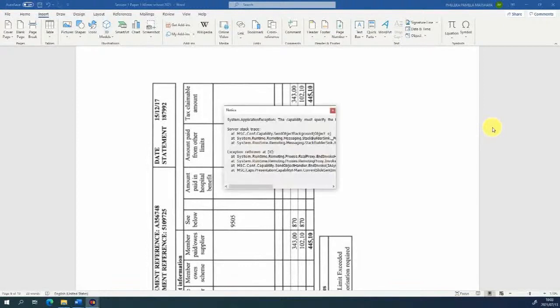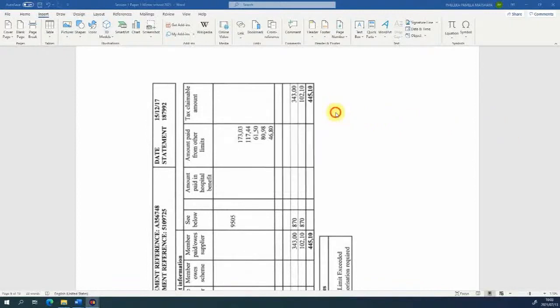You have to pay cash, because once your funds are depleted for that particular year, you will have to pay for anything that you need out of your pocket. Okay, so it's not just a blanket approach. When you're on medical aid, you can't go the whole year anytime.